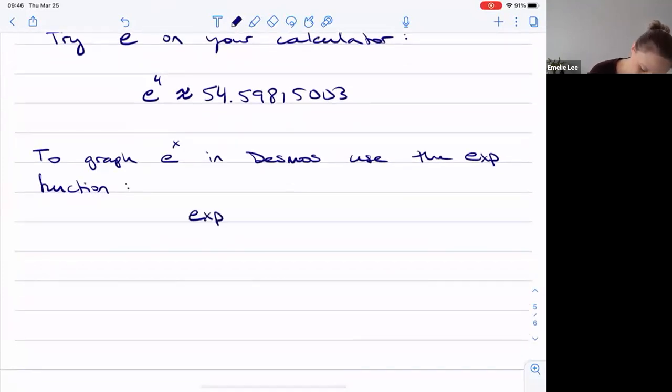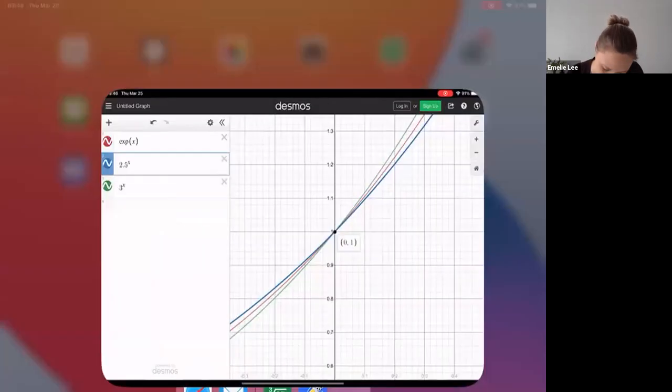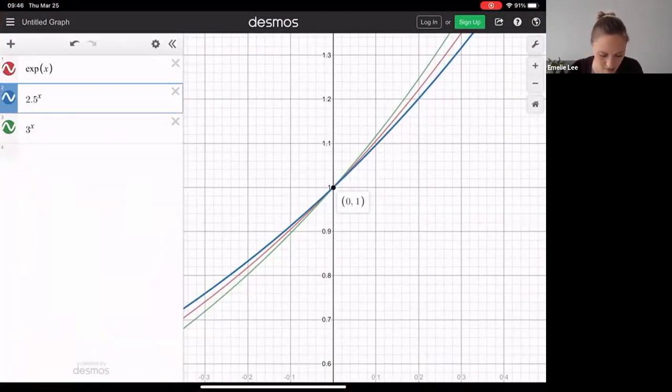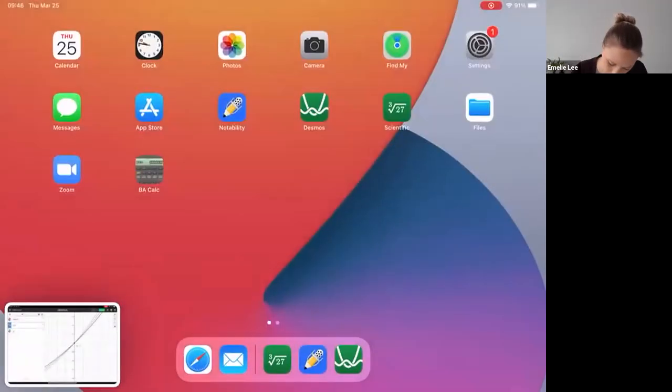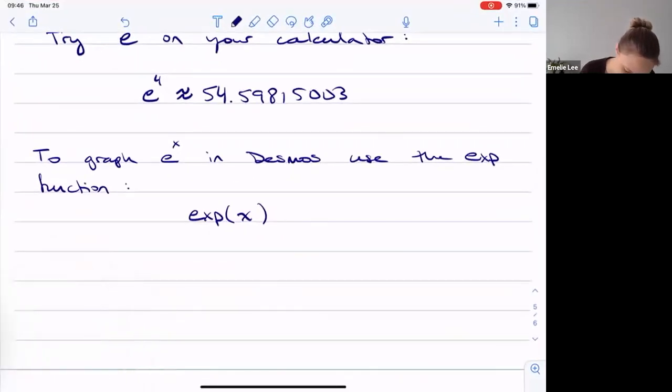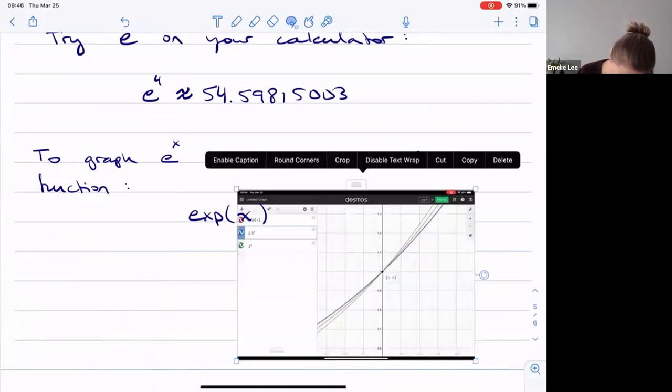Do exp and then no space, right? It's exp of this thing, of x. And maybe I'll go back and take a screenshot here, just so you can see how I entered it.